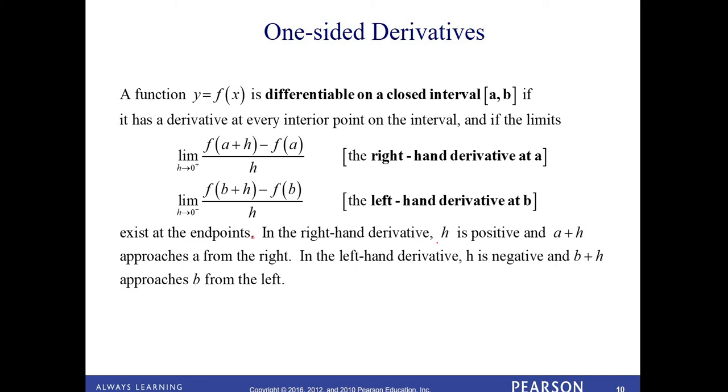We need to know the endpoints because, again, we have set this interval as including a and b. In the right-hand derivative, h is positive, and a plus h approaches a from the right. In the left-hand derivative, h is negative, and b plus h approaches b from the left. So again, this is the same as our limits.